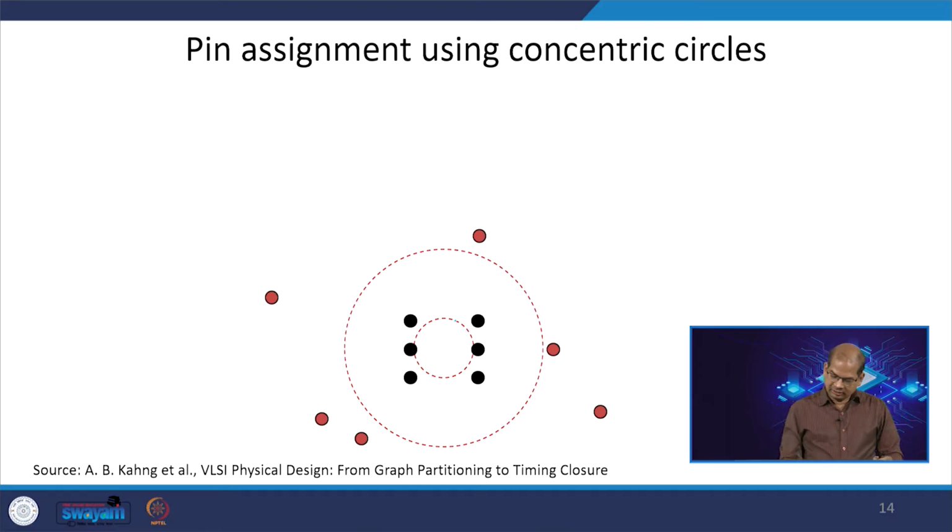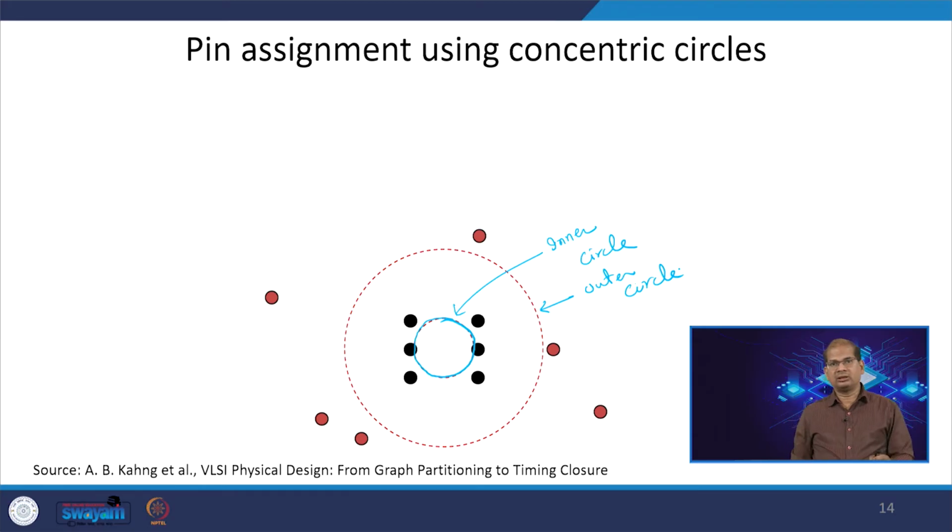So, this is the inner circle. All the black dots should be outside the inner circle but inside the outer circle. This is the inner circle and this is the outer circle.